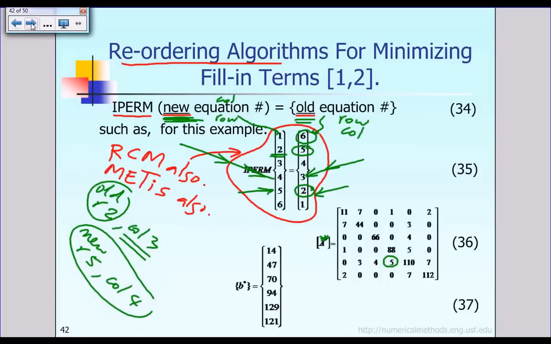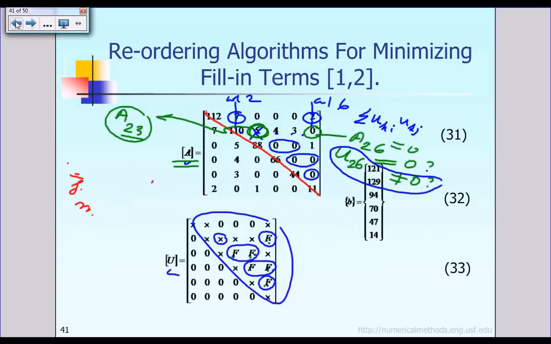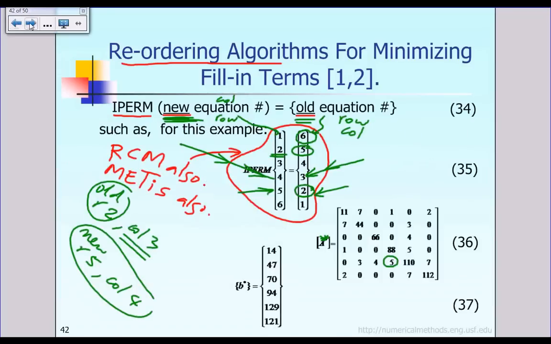That new matrix we call matrix A star. For the same idea, all the non-zero values in the given vector B will correspondingly move to the new location in the vector which we call B star.